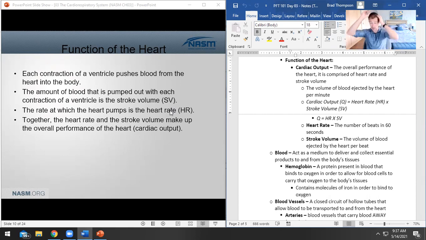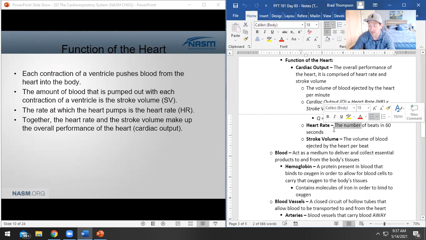Or you might get a question that says, what is your heart rate? Well, your heart rate is the number of beats in 60 seconds. It's how often your heart is beating. And your stroke volume is the volume of blood ejected by the heart per beat. So those two things are separate concepts, right? One is how often the heart's going. One is how much blood every time.